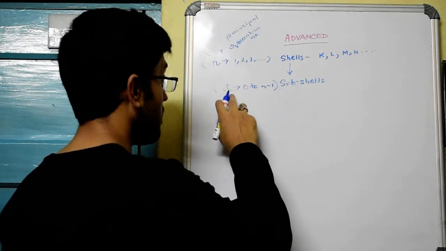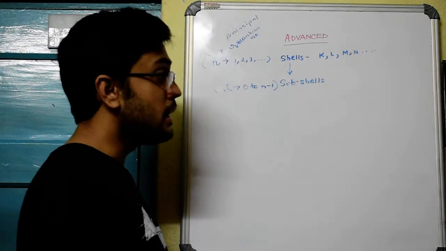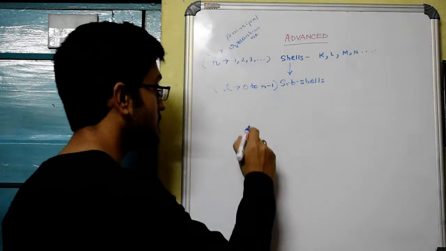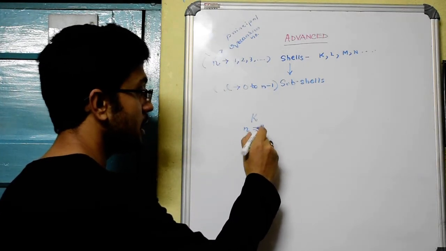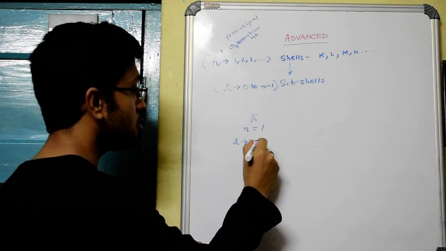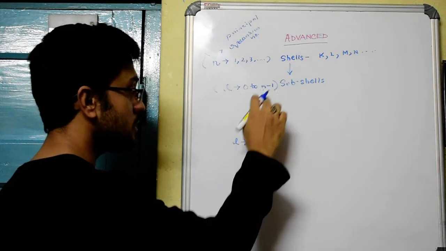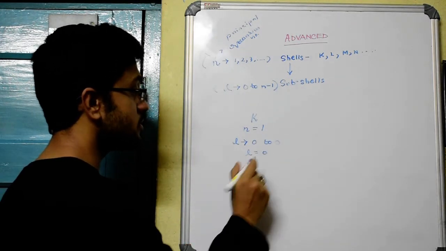Each shell has got certain subshells. So if I am talking about the K shell, it has value n equal to 1. So l will take values from 0 to n minus 1, that is 1 minus 1, that is 0. So l is also equal to 0.